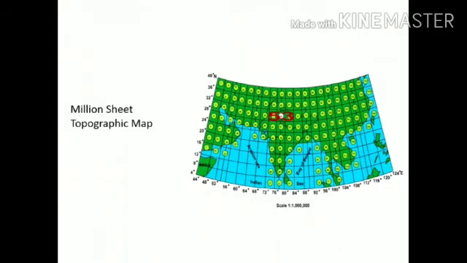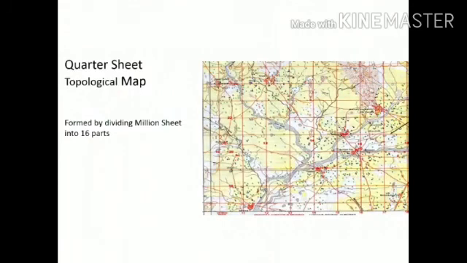Quarter sheets. A million sheet is divided into 16 equal parts, and each part is called a quarter sheet. The quarter sheets are also called 1 degree sheets or degree sheets. These sheets are marked as A, B, C, D and so on till P and written as 45A, 45B, 45C and so on.